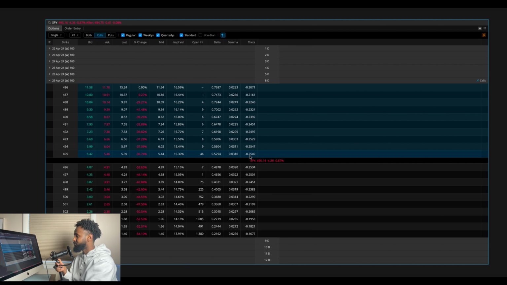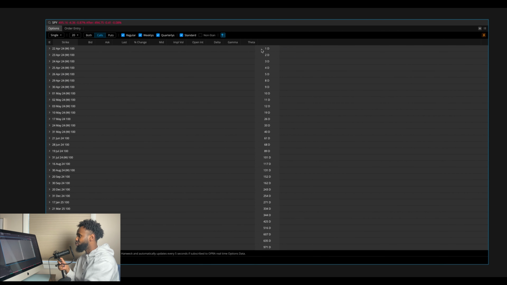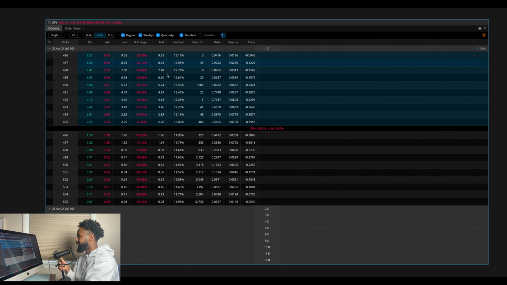And theta tells you how much money you are going to lose. It says here 0.25, which means every day these contracts will lose $25, which is not that bad.